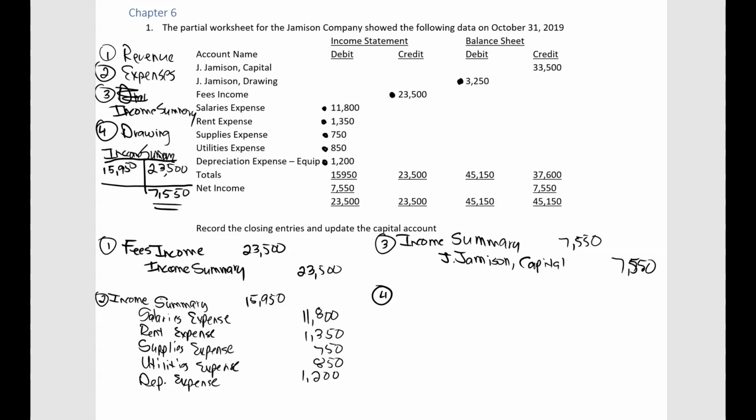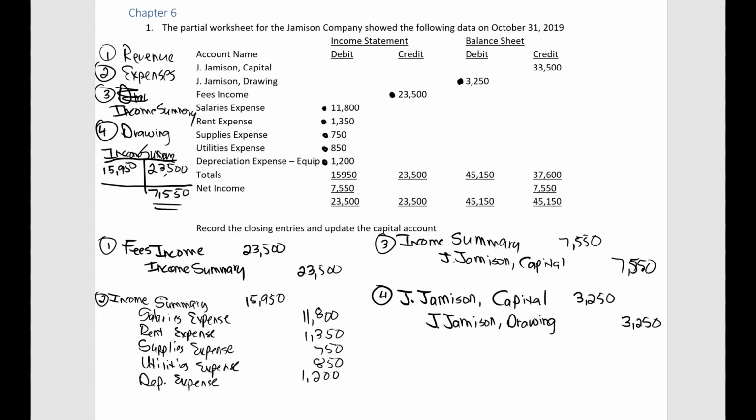If it has a debit balance, we need to credit it to zero it out. We close it out into the capital account. You can call it drawing or withdrawal account. Both, it's just different companies call it a different name.